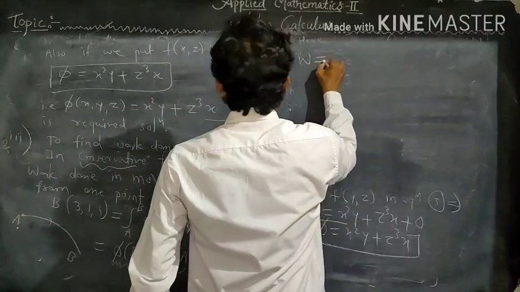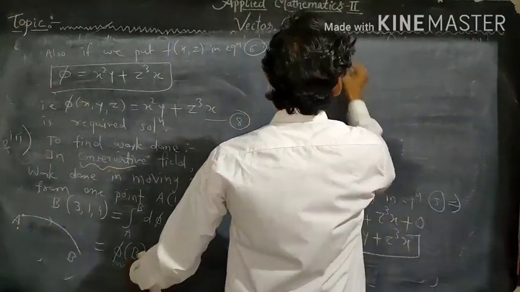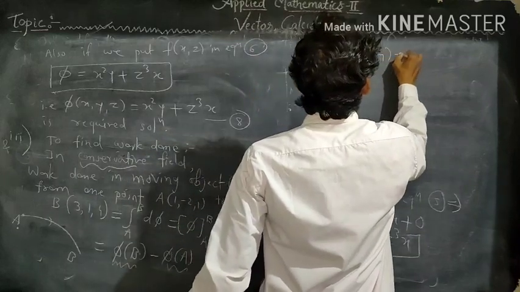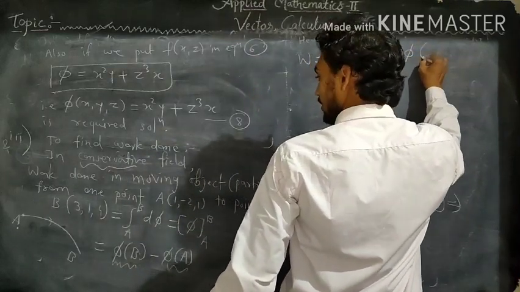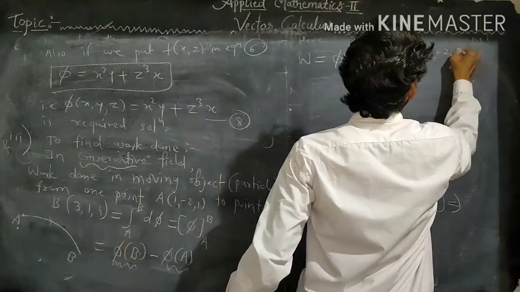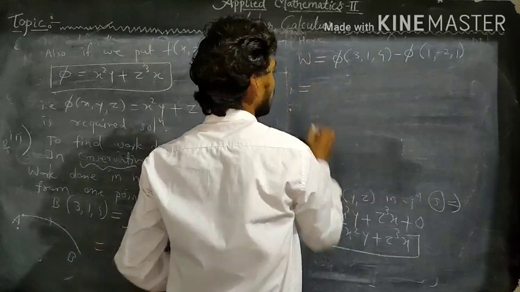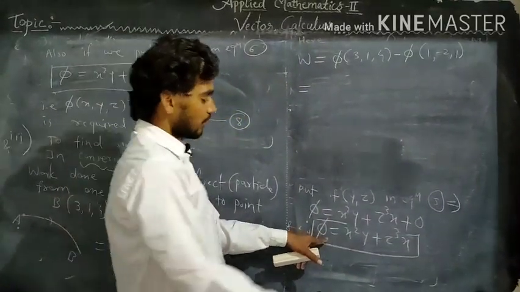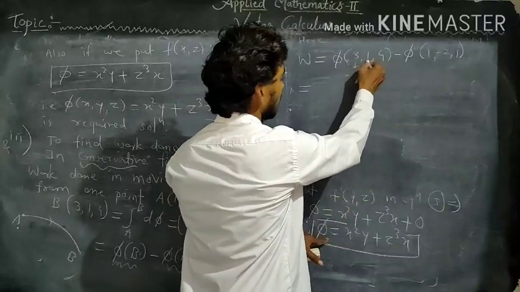Work done W equal to phi of B, that is phi of 3, 1, 4, minus phi of 1, minus 2, 1. So it is equal to, now by using this formula we will calculate here x y z.